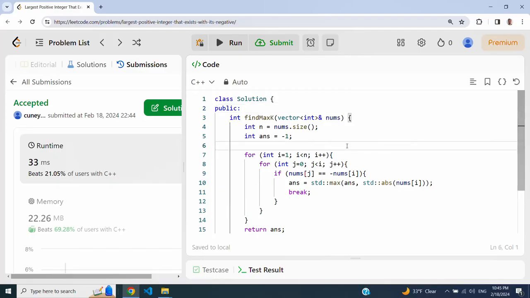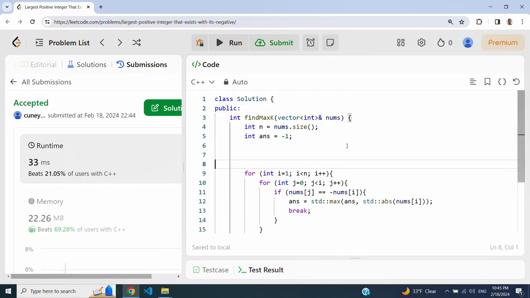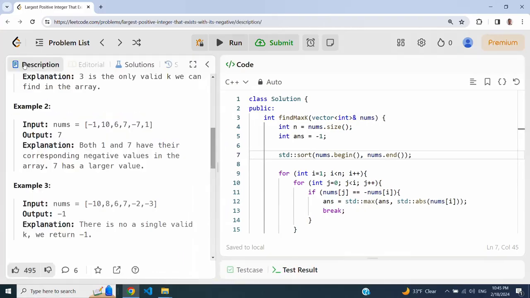So how do we make this an n log n algorithm? What if we sort the array? So std::sort(nums.begin(), nums.end()). So what do we see? Let's go to the problem description and think about it. Let's take this array as an example. What happens if we sort it?